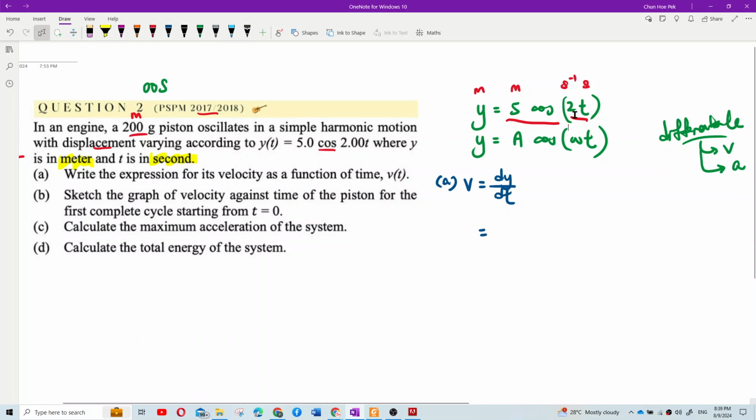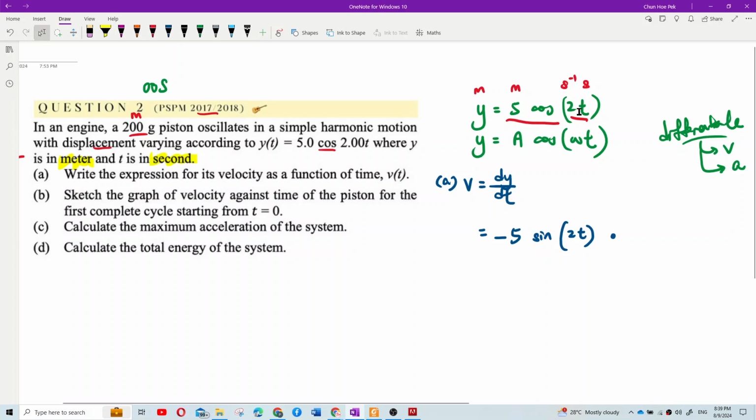Differentiate outside: 5 is a constant, so constant memang tak ubah, dikekalkan. Differentiate cos, you get negative sign. Understand, class? And then the inside here, you maintain first.